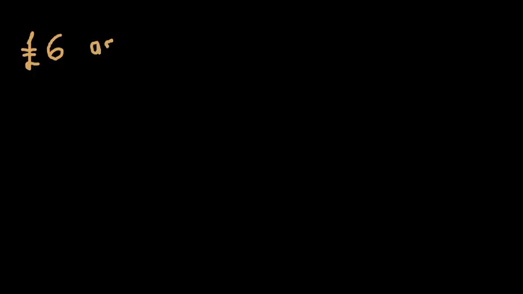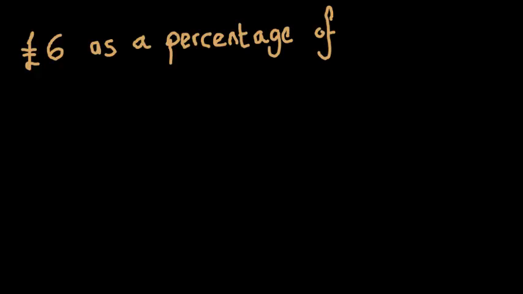Okay, so the key point is, if you've got £6 and you need to work out a percentage of, let's say, £12, so you've got 6 in the fraction. Remember what the denominator is going to be? It's going to be 6 over 12. So that's the fraction.